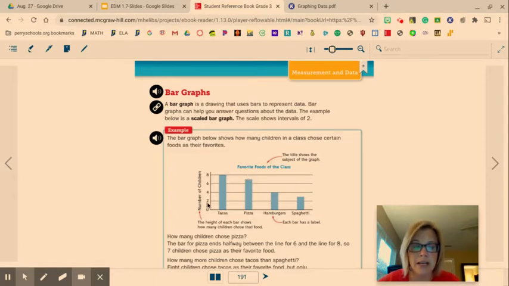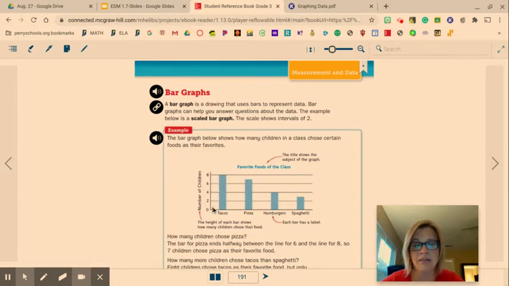On the left side, you're usually going to have the number of people or objects that you're measuring. In this case, it is the number of children. As we move up, we're increasing the number of children that like that specific type of food. Again, it's not one for every line.